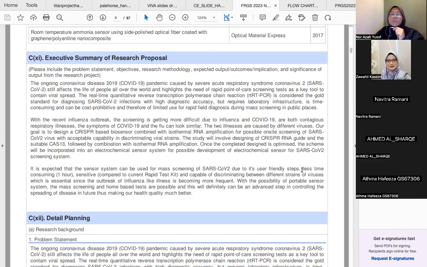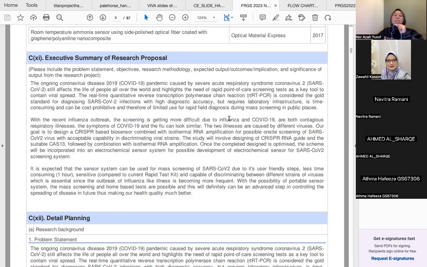It should be user-friendly, less time consuming, sensitive, and capable of discriminating between different strains. And with the possibility of a portable sensor, mass screening and home-based tests are possible, and this can definitely be an advanced step in controlling the spreading of disease.